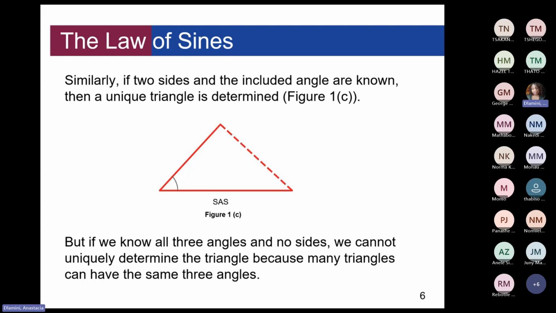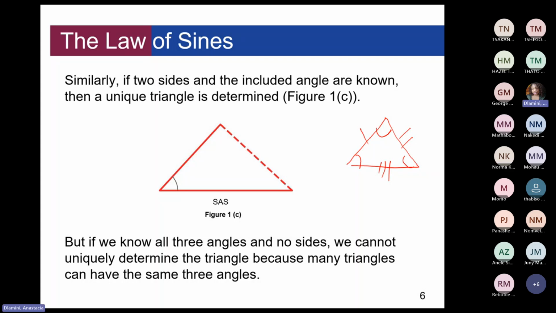Now they're saying that if we know all three angles, let's say we know this angle, this angle and that angle, and we don't know any of the sides, we cannot uniquely determine the triangle, right? Meaning that if you know three angles, maybe you can even get 15 triangles from just knowing those three angles.